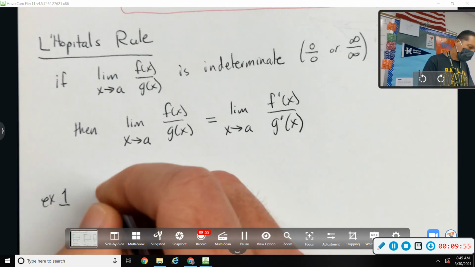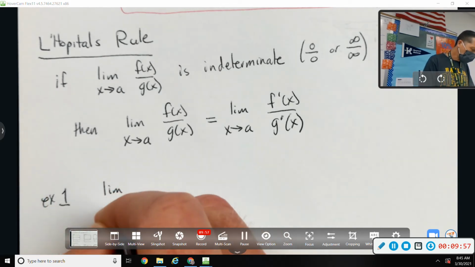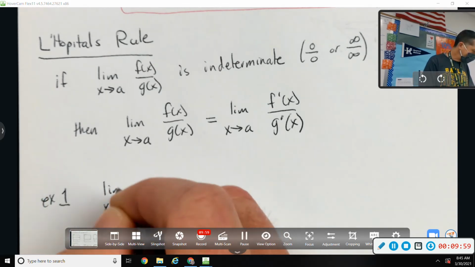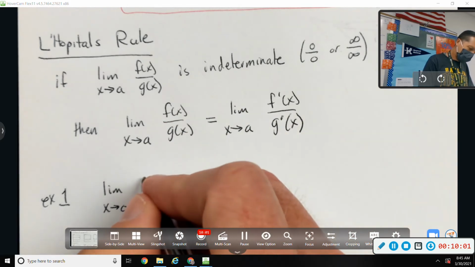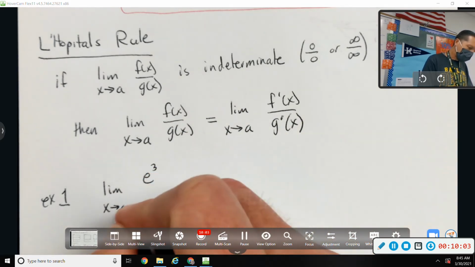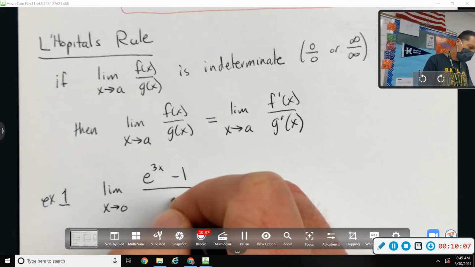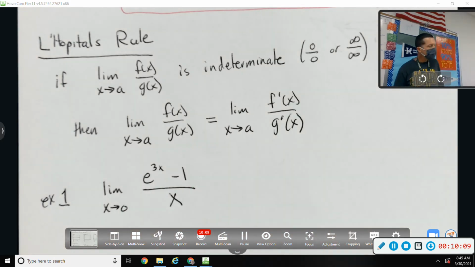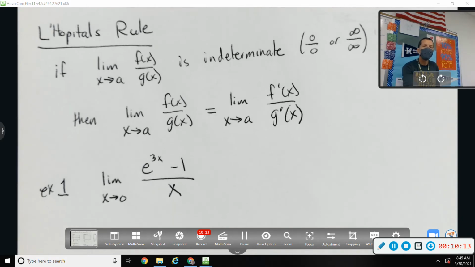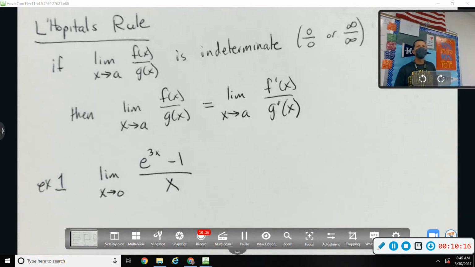Let's do an example. Limit as x approaches 0 of e to the 3x minus 1 over x. Now, we have to be careful when it comes to writing this stuff out.